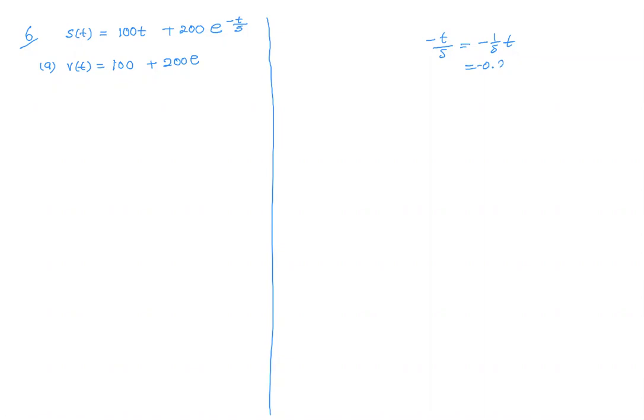So I have e to the power negative t over 5, then here times negative 0.2. Then I use my calculator and times this up. 40, is it 40? 40, yeah? e to the power negative t over 5.